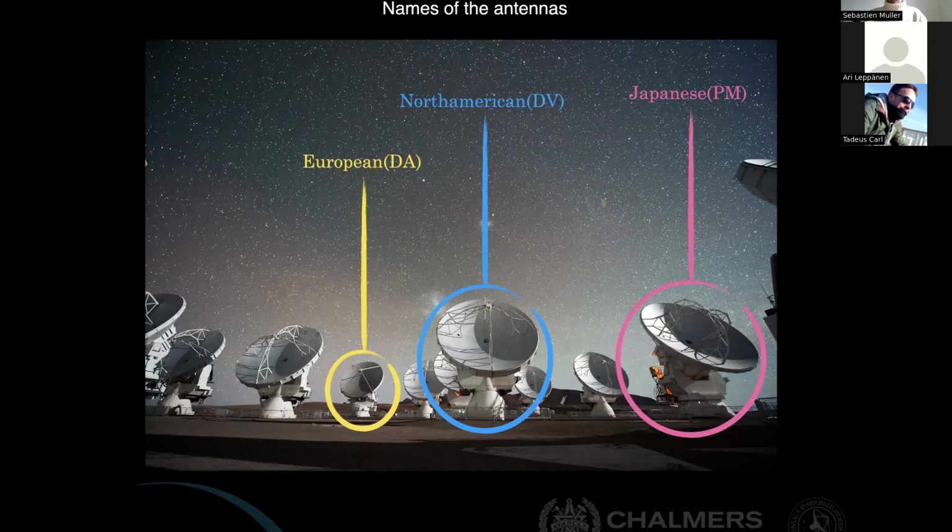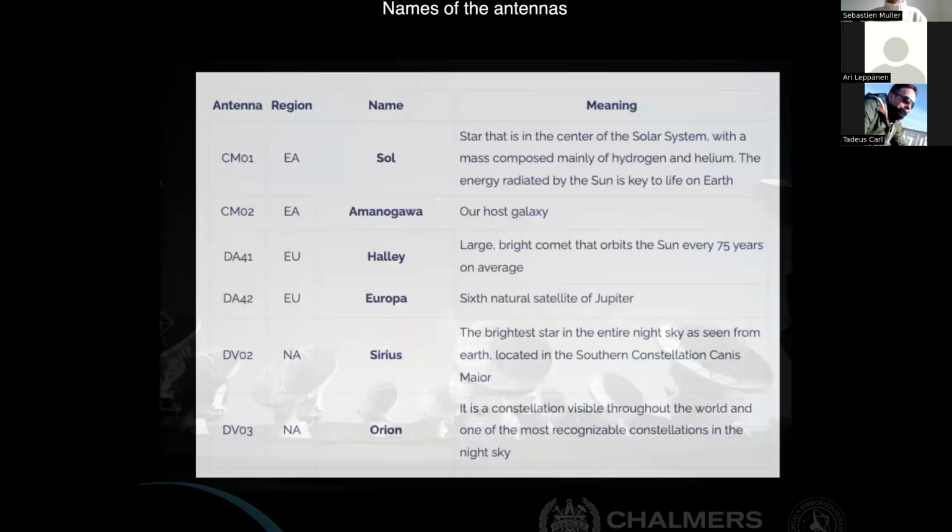You can see the European antennas have these very straight bars holding the secondary mirror, and then the North American antennas, and then the Japanese antennas, and they have different codes. So when one is working on their data, one can see some codes, and tell which kind of antenna the data came from.